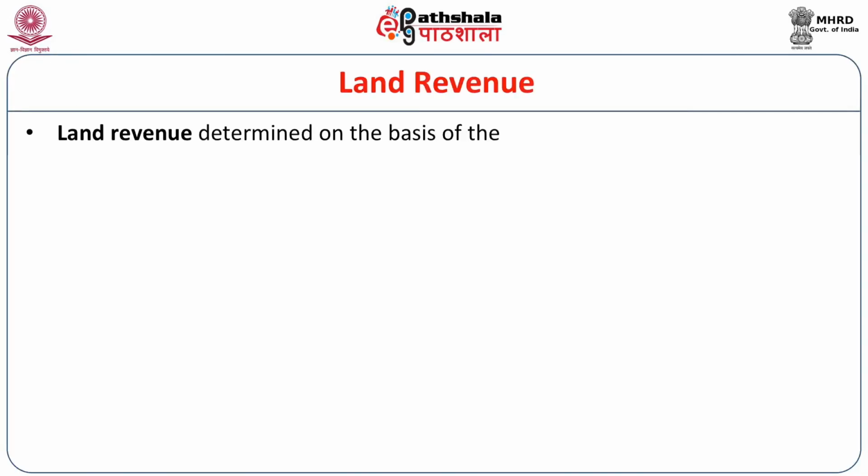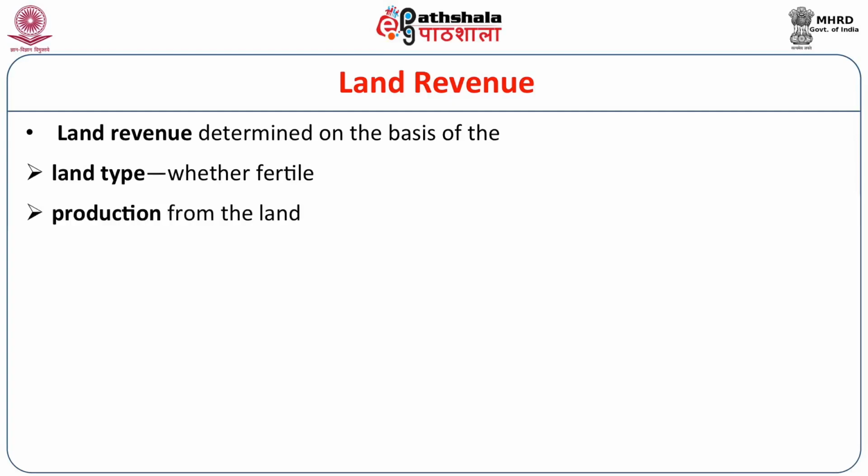Number 1, land revenue determined on the basis of land type, whether fertile land or not. Second, production from the land, that is, what type of production, what produces were from the land. Those were also considered when land revenues were determined.